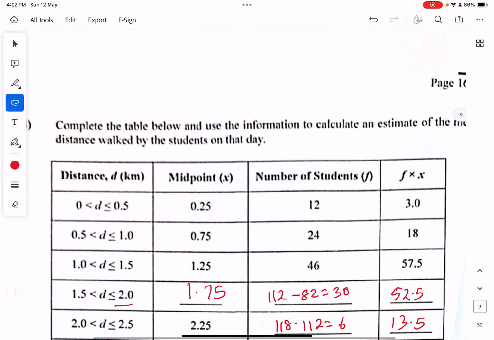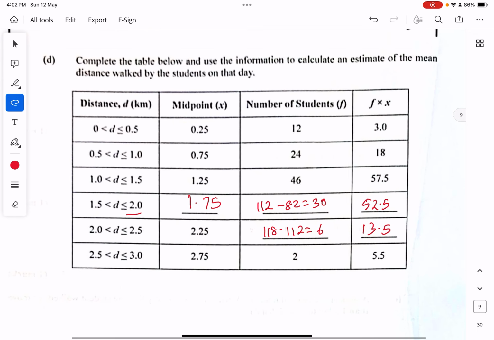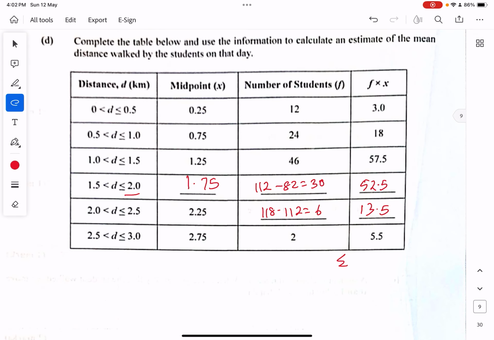So I'm guessing we're going to be asked to get the mean. We know we're going to need our sum of fx, not f of x, sum of fx. And that is 3 plus 18 plus 57.5 plus 52.5 plus 13.5 plus 5.5.